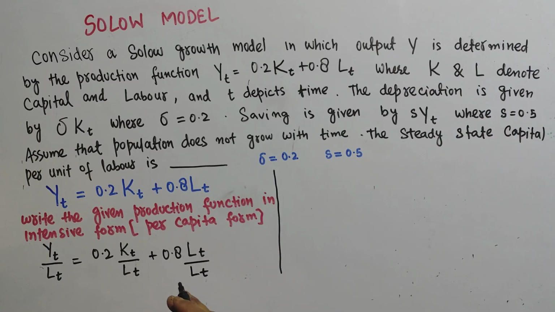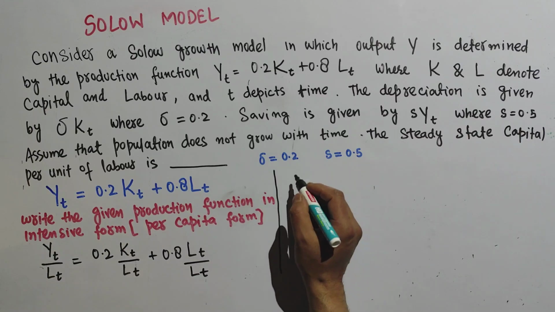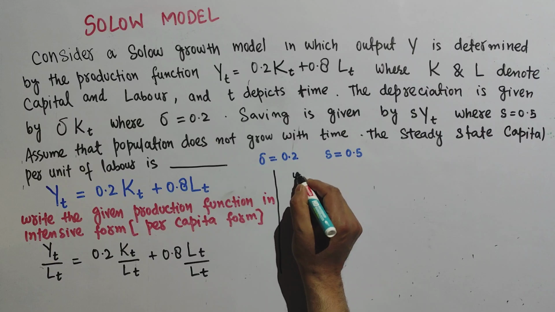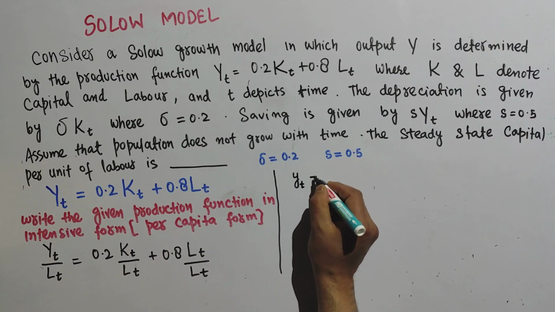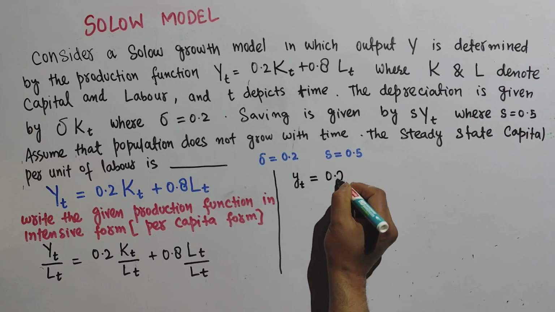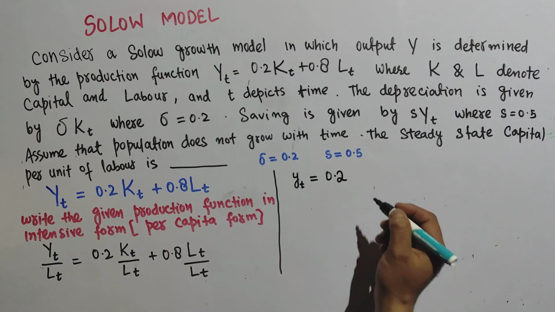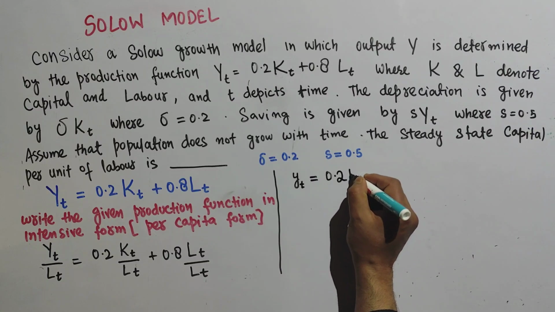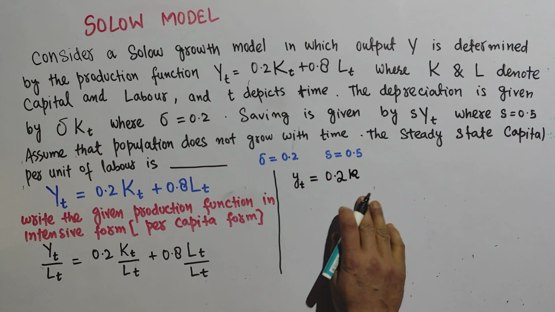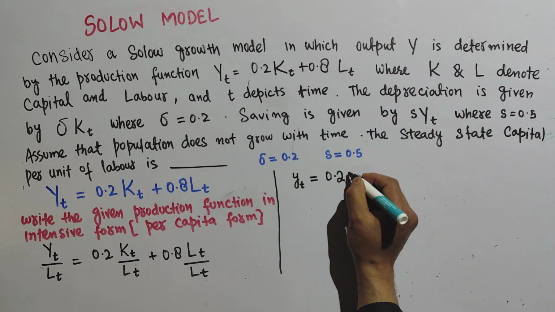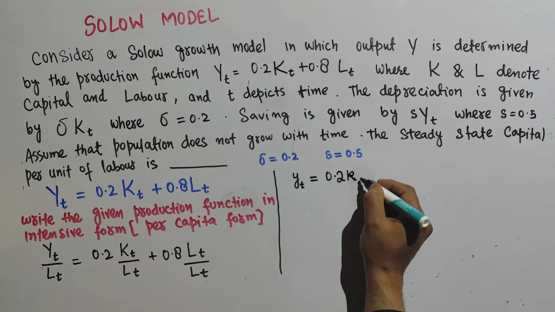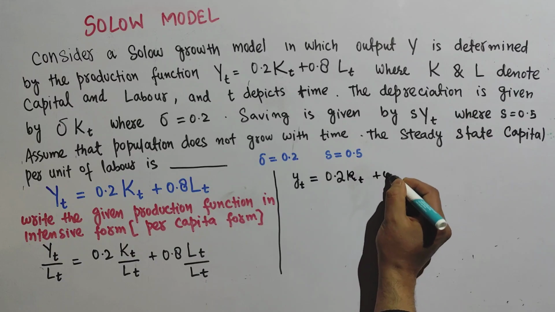So our production function in per capita form is, let us denote Y_t upon L_t by small y_t, which denotes the output per worker, equal to 0.2 and K_t upon L_t, let us denote it by small k_t, plus 0.8.